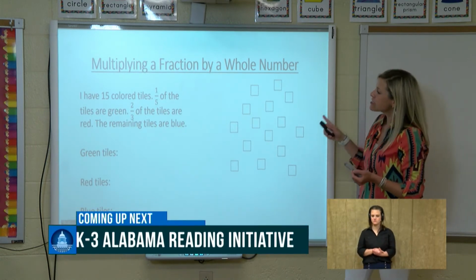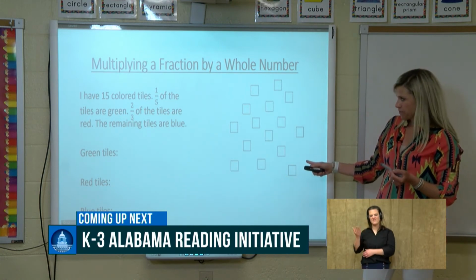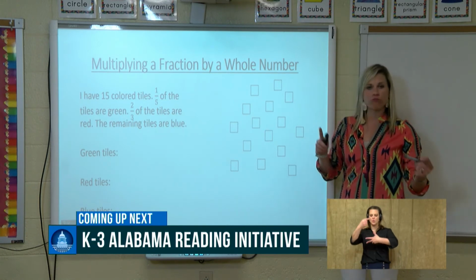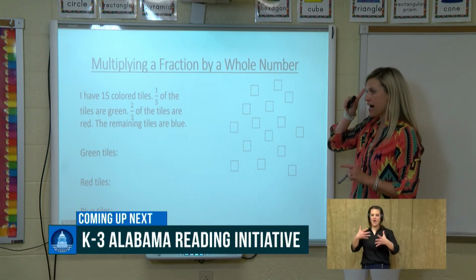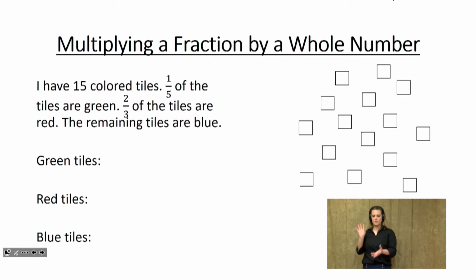Now, let's look at these tiles here. I have 15 tiles. And there are 3 different colors. There's green tiles, there's red tiles, and there's blue tiles. And I want to find out how many of each color I have. So my total is 15. If 1/5 of the 15 tiles are green, how many of these tiles are green?